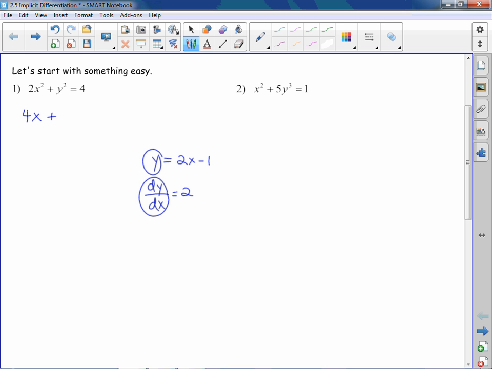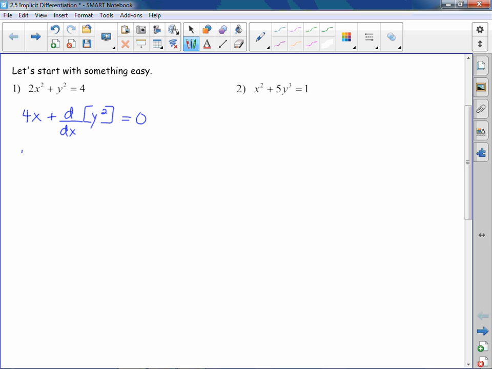We're going to do something that's a little bit like that, and hopefully you'll see the correlation. We want to take the derivative with respect to x of y squared. And then over here on the other side of the equal sign, if we take the derivative of a constant, of course it's 0.